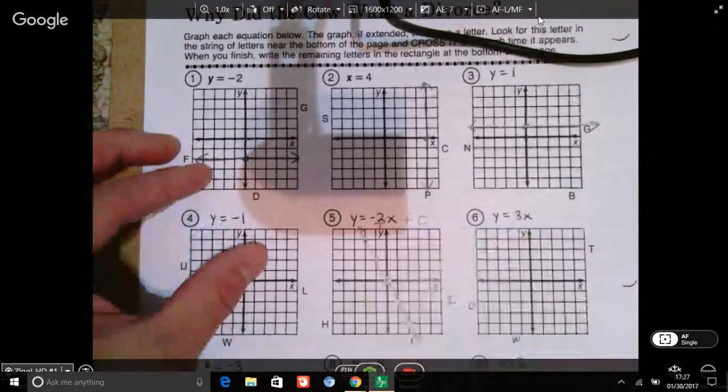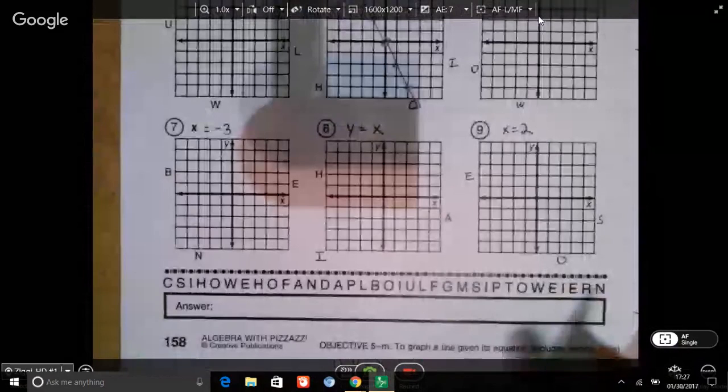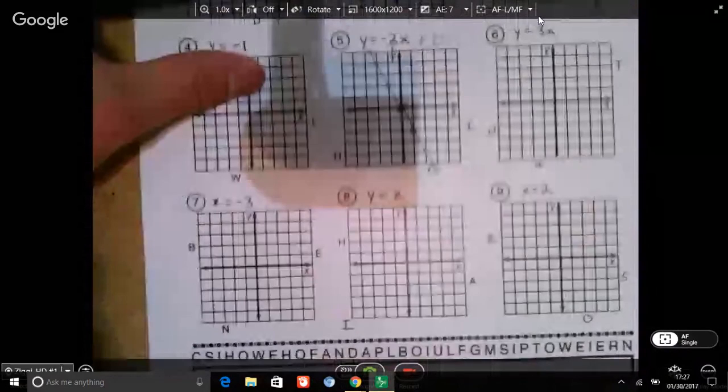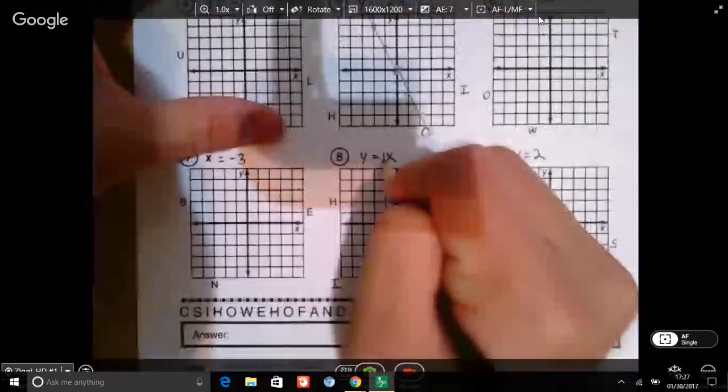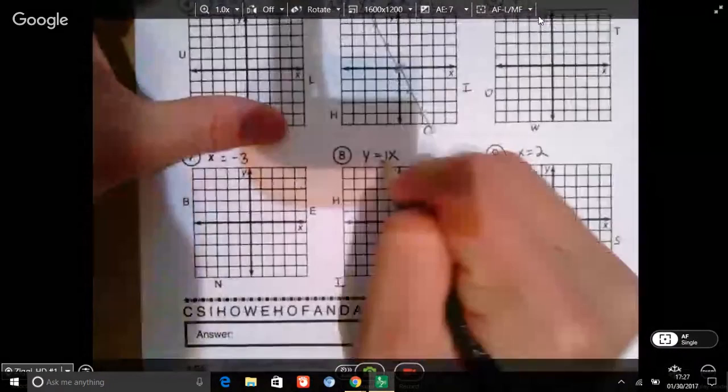Okay. Last one I want to do, this is number 8, y equals x. So this one has a y and an x, so it's not going to be a vertical or horizontal line, just as in number 5. The coefficient of x here is 1. It's not a fraction, so we're going to put 1 over 1.